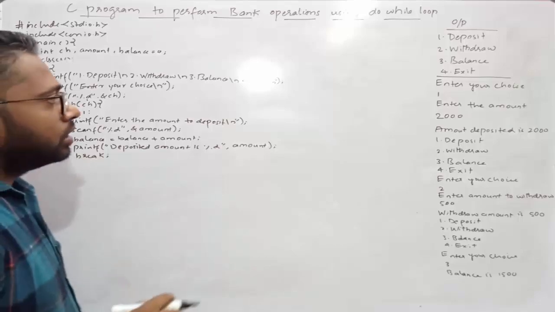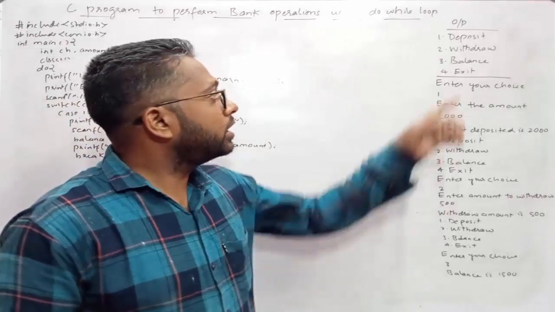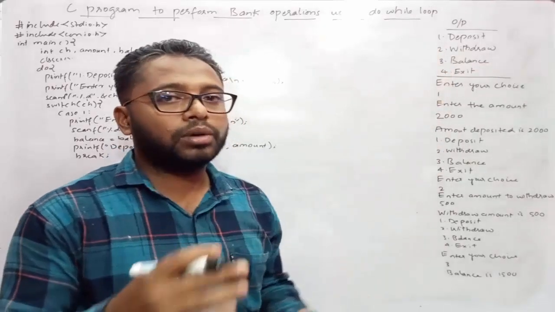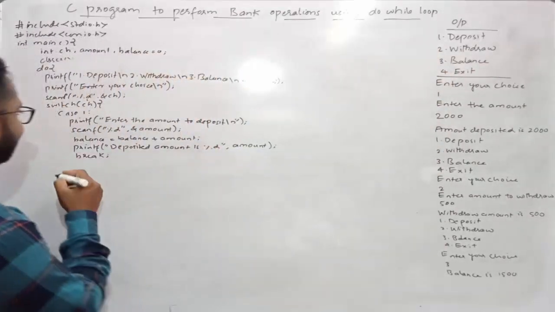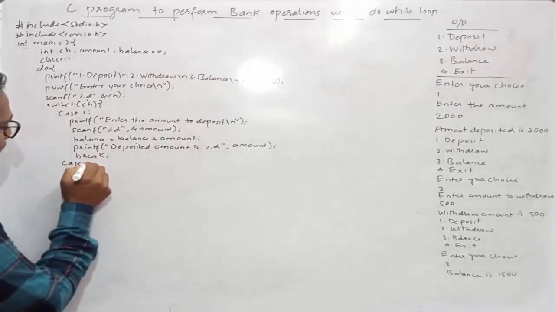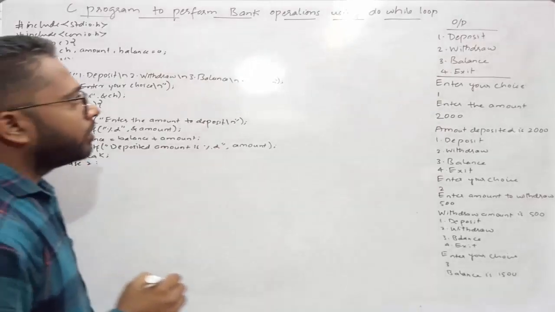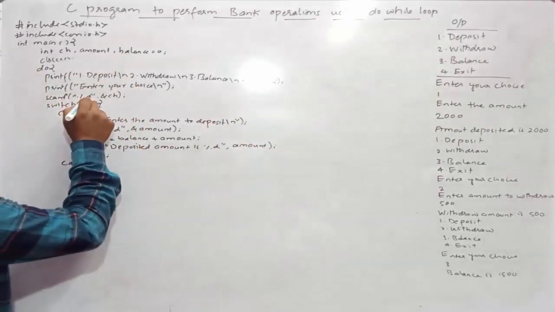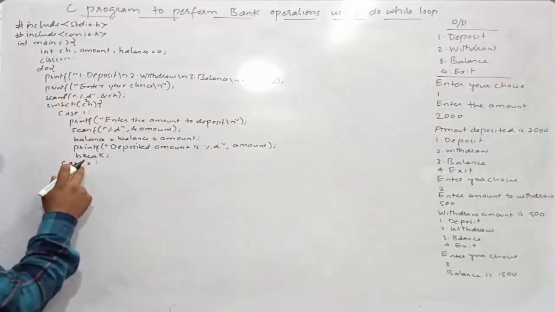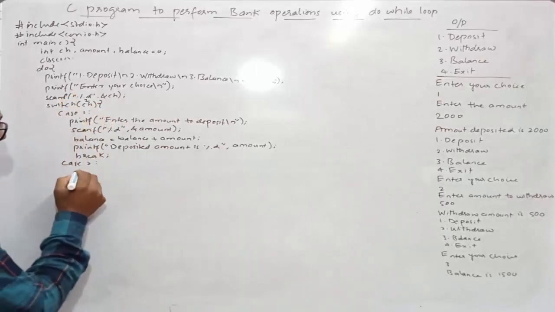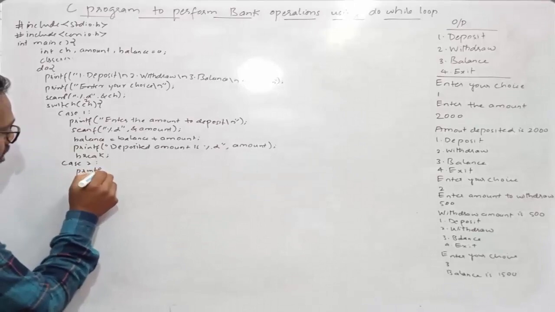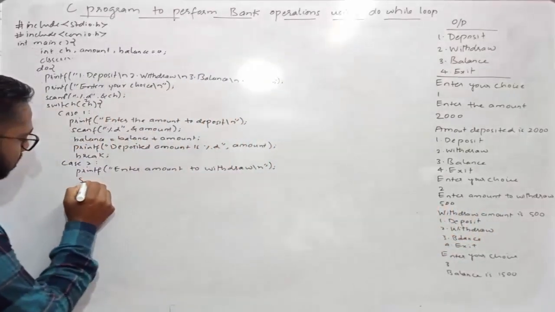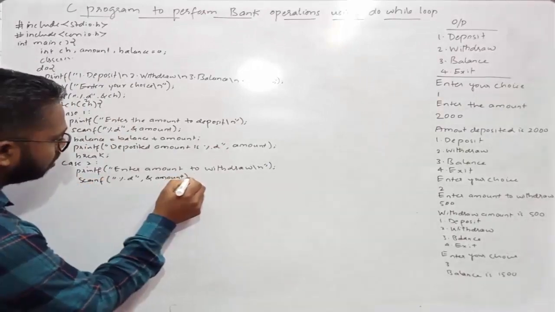Now we need to test for the withdraw option also. Suppose the user has entered 2, that means the user wants to perform a withdrawal, and that can be done using case 2. Suppose the user enters 2, then 2 gets stored inside the ch variable, and this 2 gets compared with case 2 and it will ask a message, and now I need to accept this amount. Scanf amount.